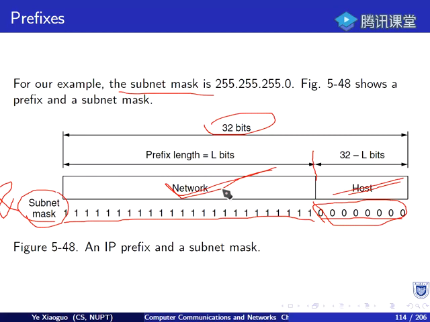It's usually used for routing, because routing is about finding a path for a packet, finding a destination network for a packet. So that is what routing wants to do, find a destination network. So they can use the subnet mask to get the network portion.